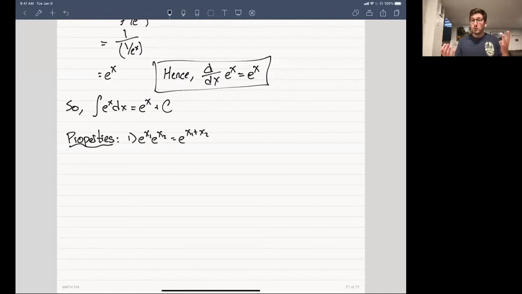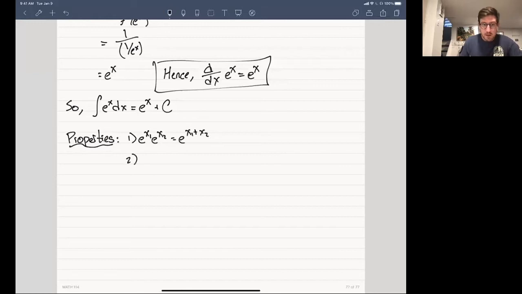Now, if you would like, you can go back and look at the logarithmic properties, and you can apply the logarithm in order to prove these things. Okay, so you use the fact that the logarithm and the exponential are inverses of each other. That will show you that these things lie in one-to-one correspondence with the rules of the logarithm.